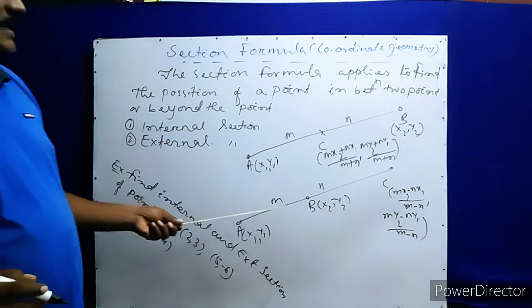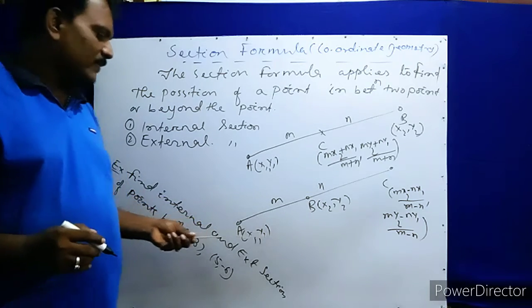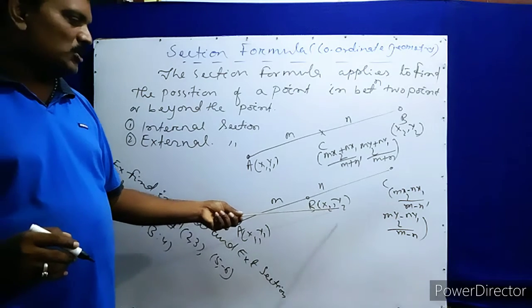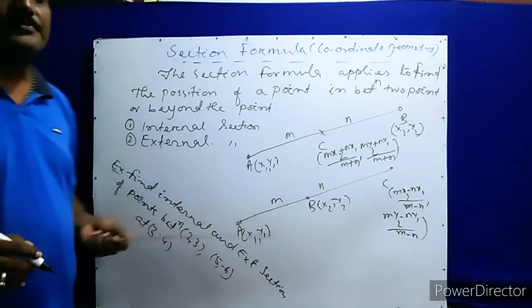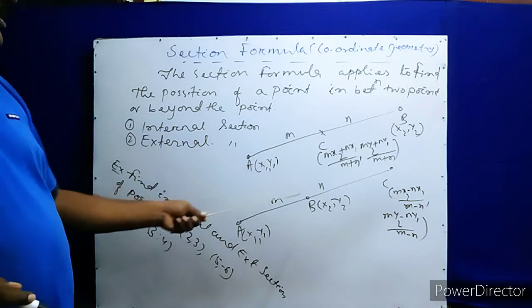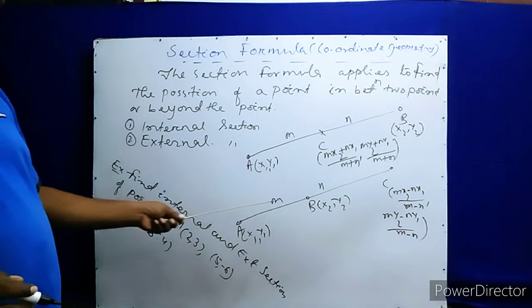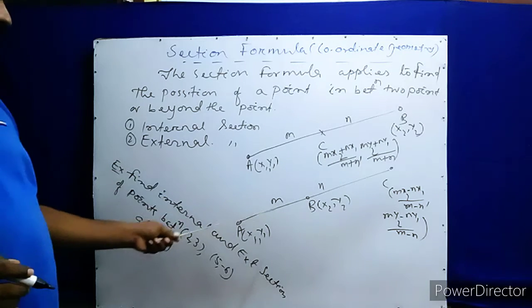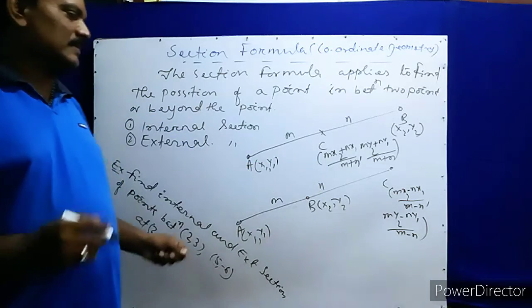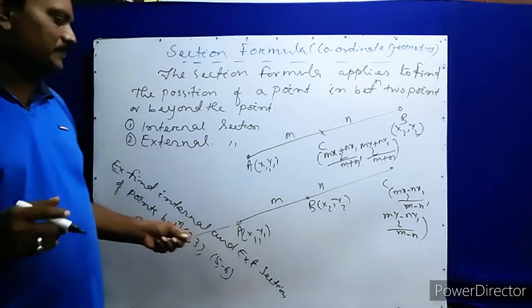So, external section with the same ratio m is to n. Suppose the position of A is (x1, y1) and the position of B is (x2, y2). In this case, the external point C at the same ratio m is to n is calculated as (m x2 minus n x1) by (m minus n). The ratio is subtracted.